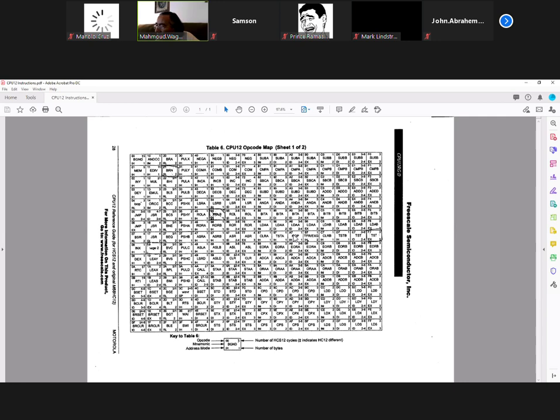Load Y, for example, this instruction here. It says load Y. You see where I'm pointing? Load Y. It takes 3 clock cycles to execute.